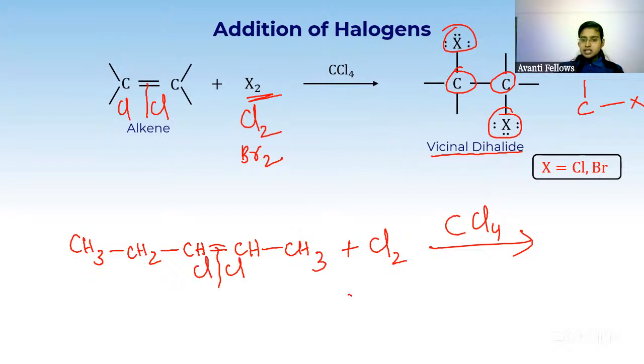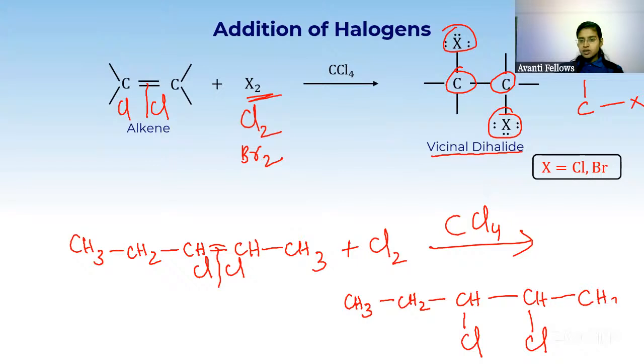It is CH3, CH2, CHCl, and here we have CHCl, here CH3. Okay, so to the adjacent carbons, we have 2 chlorines, which is called a vicinal dihalide. Okay, vicinal dihalide. This is the method of preparation of haloalkane, especially the chloroalkane and the bromoalkane from alkenes.